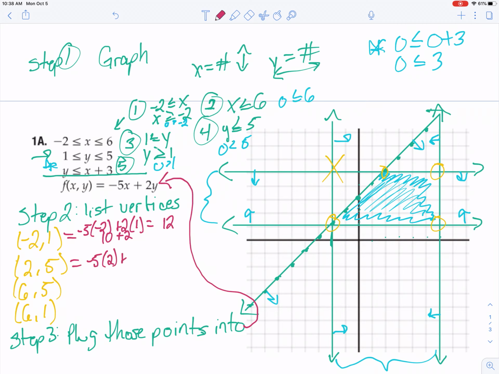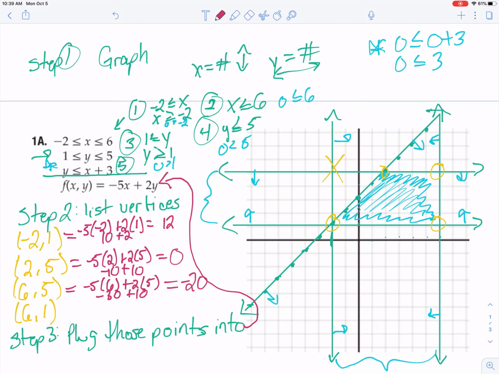-5 times 2, plus 2 times 5. All right. -10 plus 10 is 0. -5 times 6 plus 2 times 5 is -30 plus 10. Whoa! What happened there, marker? That's -20, correct?